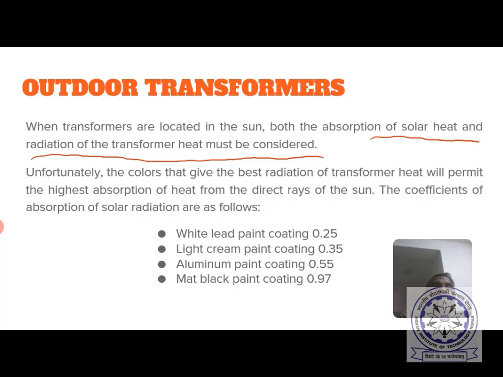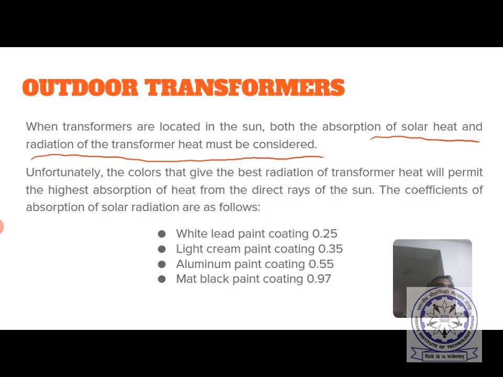Therefore, black paint or the non-metallic paint will be used. That will be better. But in sunlight, there will be solar sun rays, and the solar heat will be absorbed there.